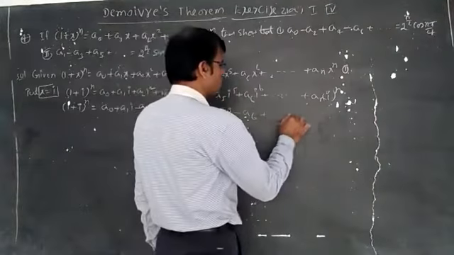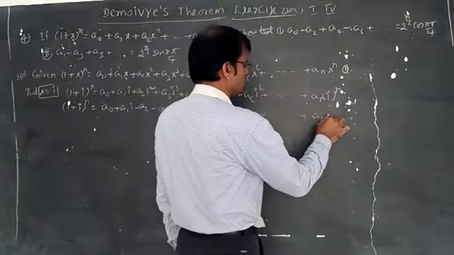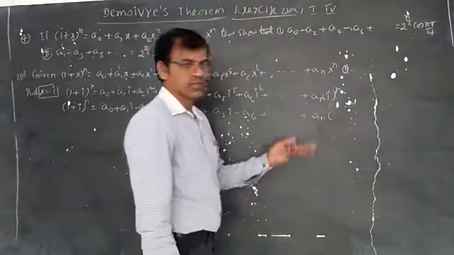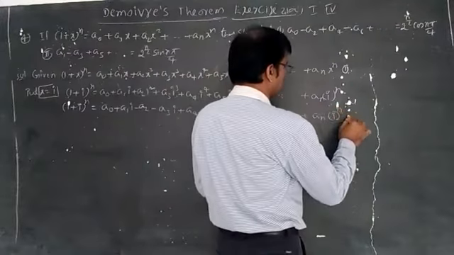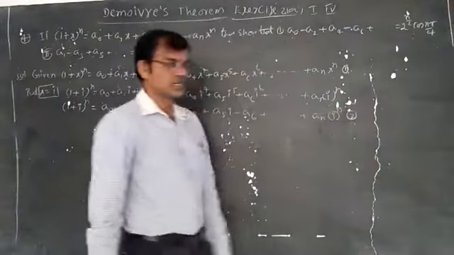Plus so on, we don't know whether the last term is positive or negative, we cannot say, so simply leave it as i power n. This is the second equation.